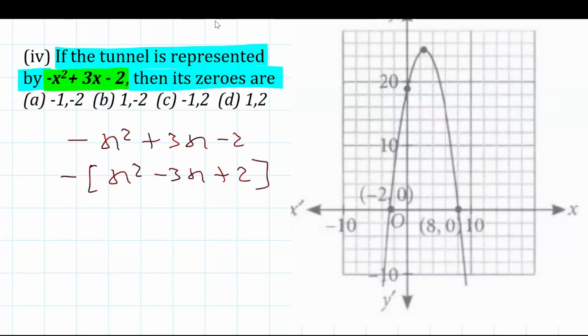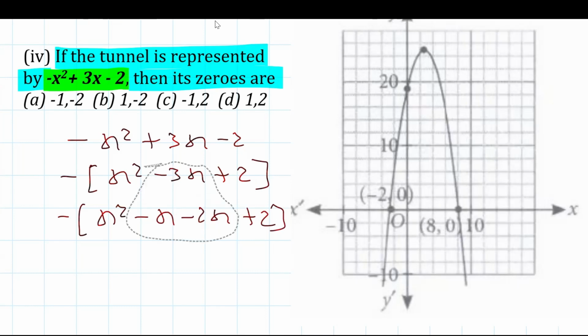So what I did, I simply took minus as common. Now I'm finding the zeros of this polynomial by prime factorization method. So from the factors of 2, I have to obtain minus 3. So it's going to be what? Minus x minus 2x, right? Plus 2. So what I actually did here, I replaced minus 3x with minus x minus 2x.